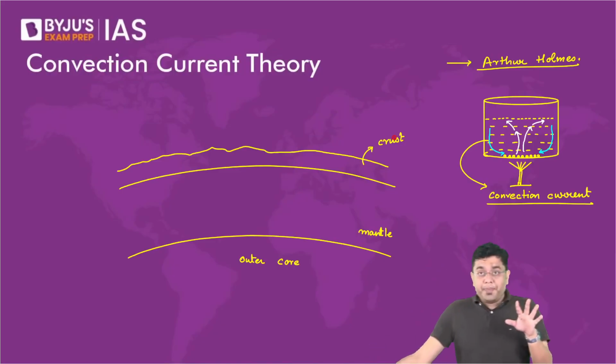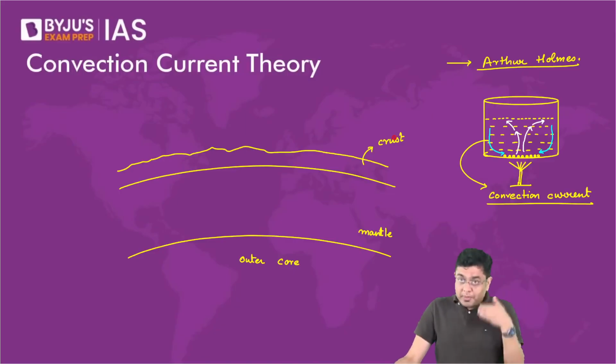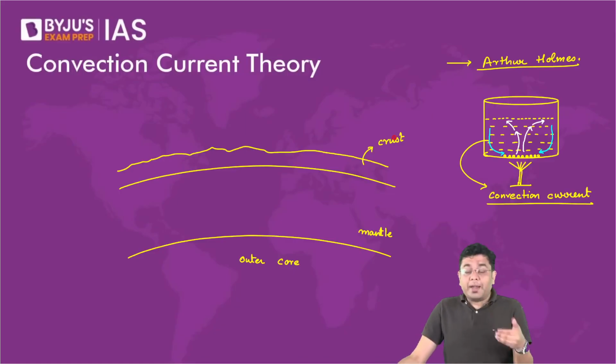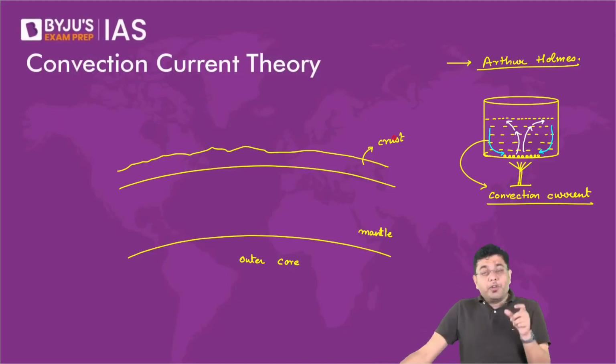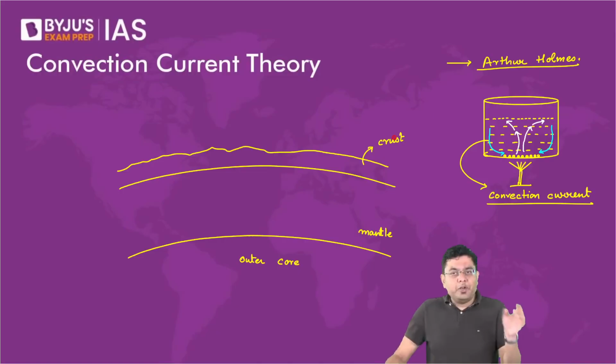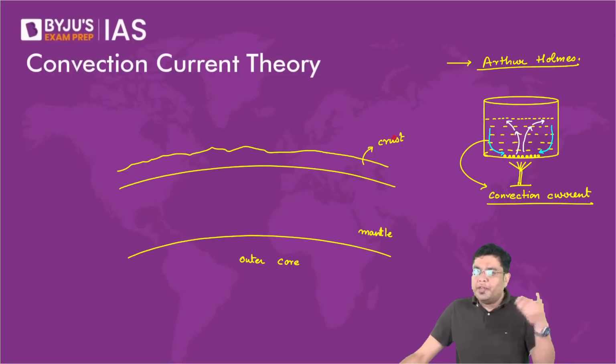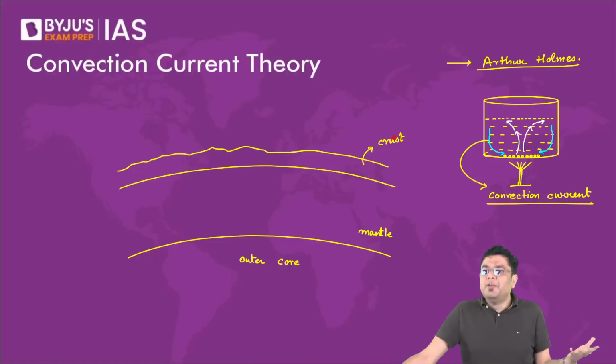And by the way, in geography, just to get you used to that terminology, when we say some time, it basically spans for few hundred millions of years, right? In your history, polity, and other subjects, when you talk about some time, it might be few days, few months, few weeks. In geography, some time is referred to as few millions of years.